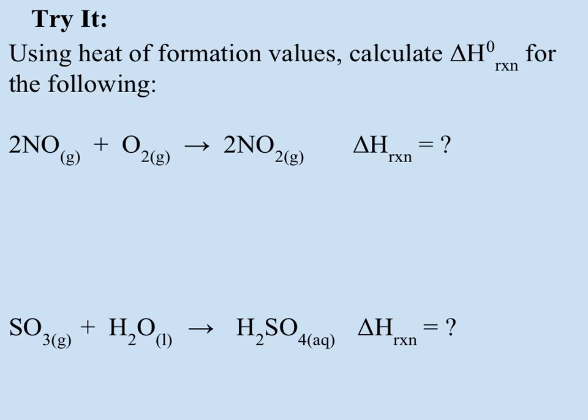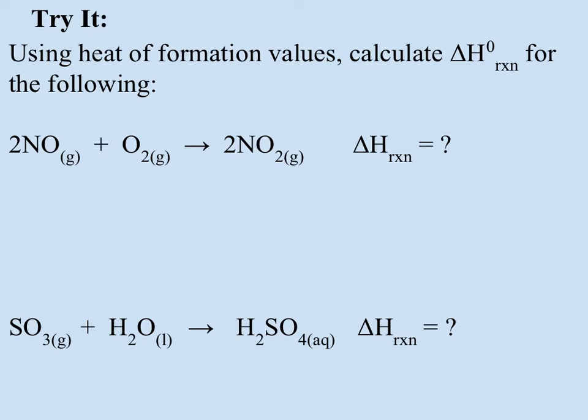So using my summation law, I'm going to take 2 times 33.2 minus 2 times the 91.3, and when I do that, I'm going to get a value of negative 116.2 kilojoules as my heat of reaction.